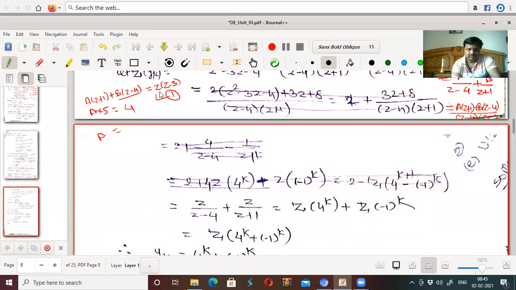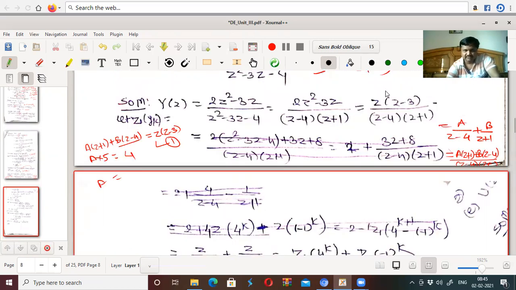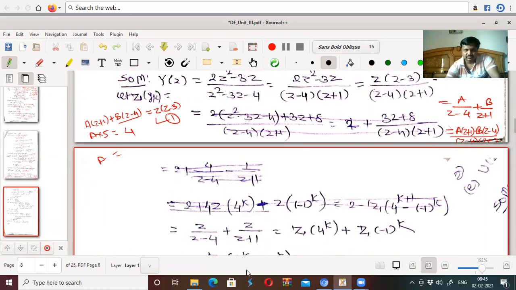What about here? 4 into 4 minus 3, z into z minus 3. Z into z minus 3 upon z minus 4 into z plus 1, correct.